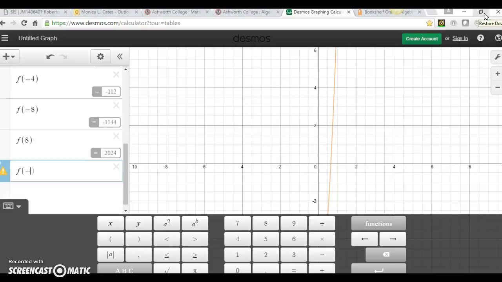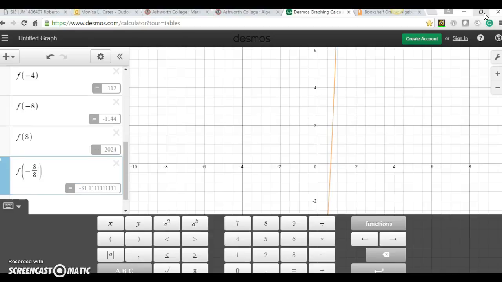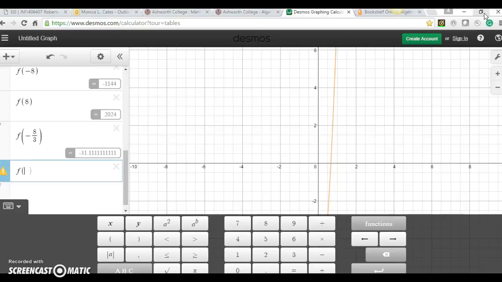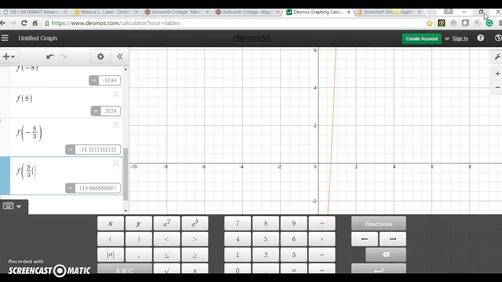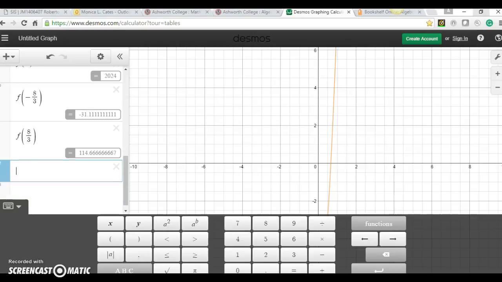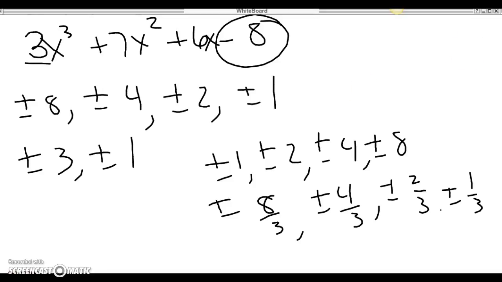F of -8 divided by 3. Didn't work. Let's plug in +8 divided by 3. Still didn't work. Let's see, what's another one that we had? 4 over 3.